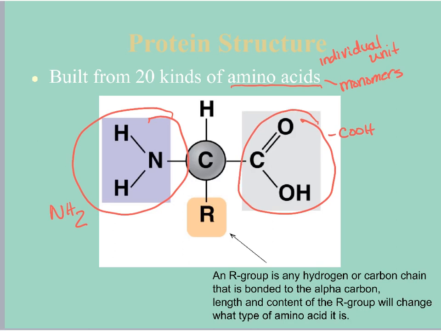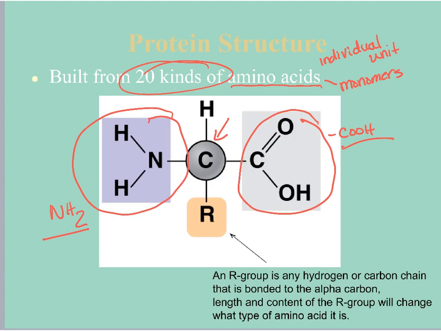And both that amine group and the carboxyl group are functional groups characteristic of amino acids. Meaning, if you're an amino acid, you've got to have an amine group and a carboxyl group. And then there's going to be a carbon chain. So the authors are just drawing in one carbon atom here to simplify things. But because there are 20 different types of amino acids, it's the rest of the carbon chain that creates the 20 different kinds.